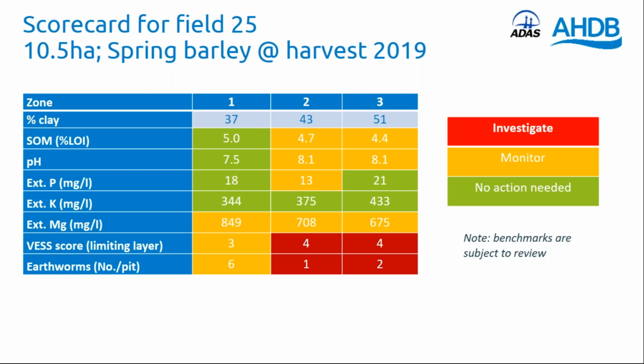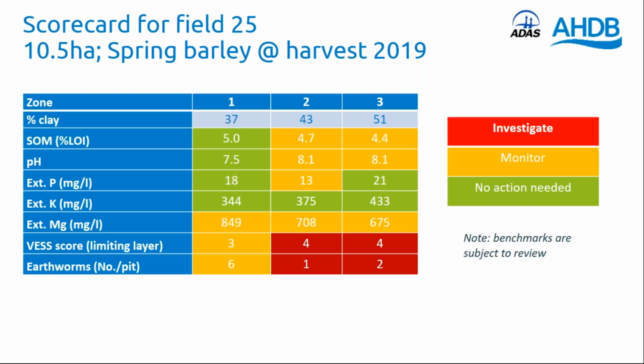On the nutrient side, it's flagged up phosphorus as perhaps being a little bit low in that middle zone, index 1. But the key thing that jumps out is the VESS scores and his earthworm numbers. Particularly on the heavy soil with that lower organic matter content, he's got evidence of compaction, a score of 4 for his VESS, and very few earthworms.